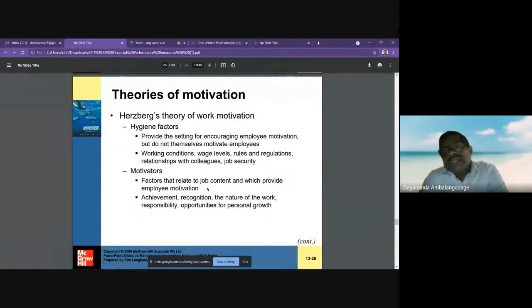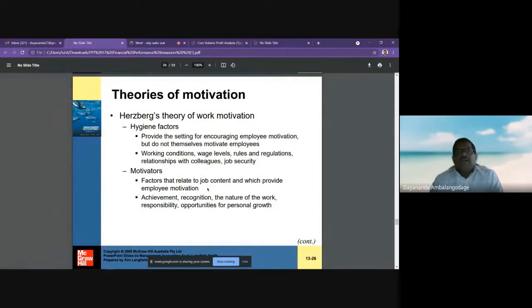But if you take a consultant, the consultant's job is not really routine. Job content will vary depending on the assignment, like an auditor. So factors that relate to job content which provide employee motivation: achievements, recognition, nature of work, responsibility, opportunity for personal growth are motivation factors.